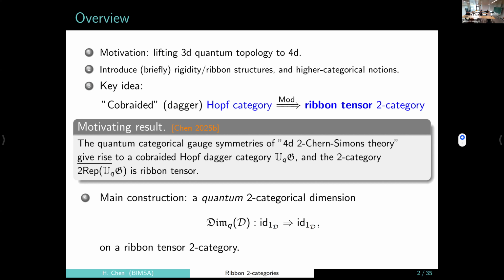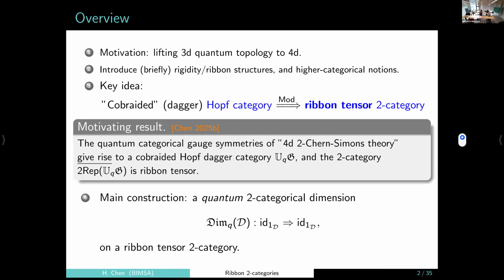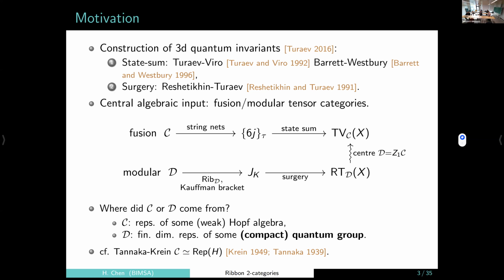You can call it the quantum 2-categorical dimension associated to every object in your 2-category. I'm going to use the notation in which this is a transformation, where 1 is the identity functor on B, and the identity is the identity transformation. So yeah, let's begin with the motivation.